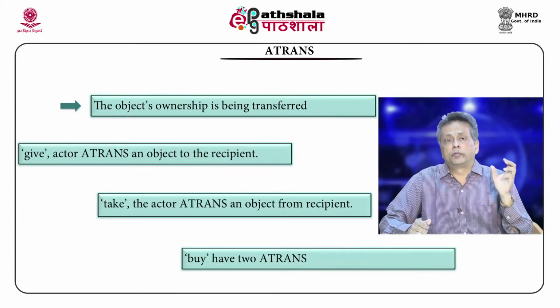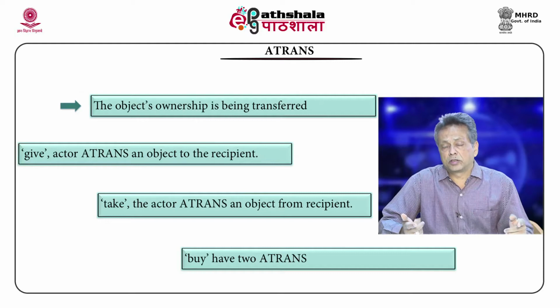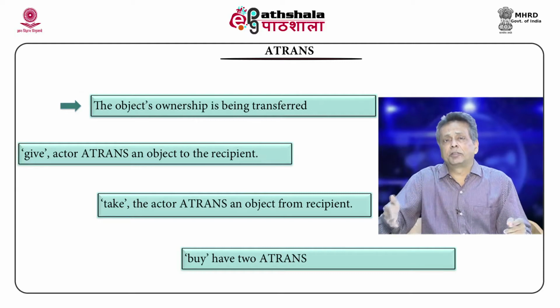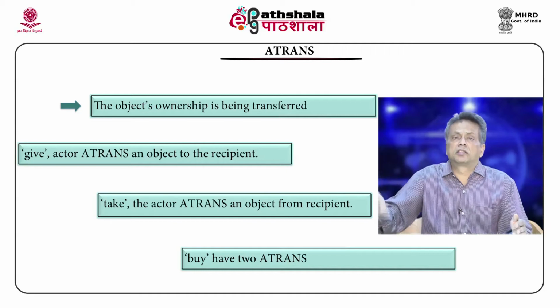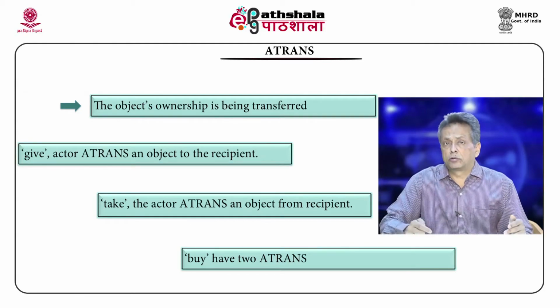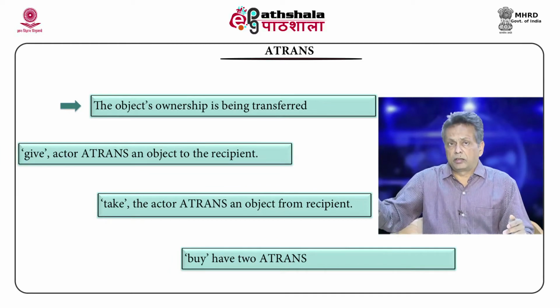The actor is the person who initiates that process. For example, when I say Sachin gave his bat to Sarfaraz, Sachin is the actor. But if you say Sarfaraz received a bat from Sachin, Sarfaraz is the actor. So whoever initiates the process, whoever is the actor, is associated with this particular primitive.